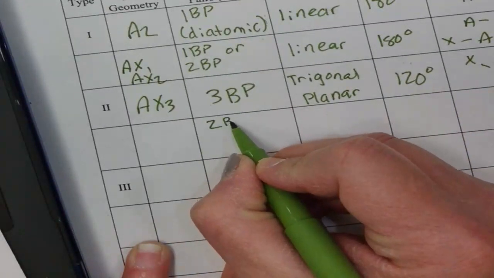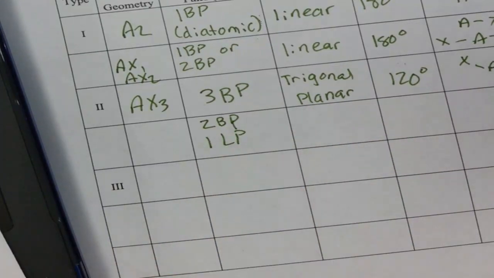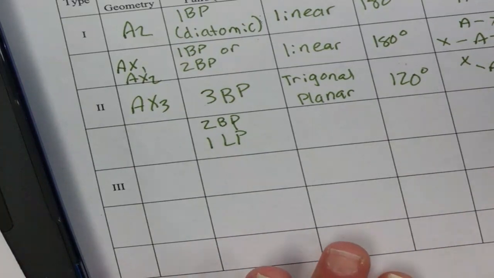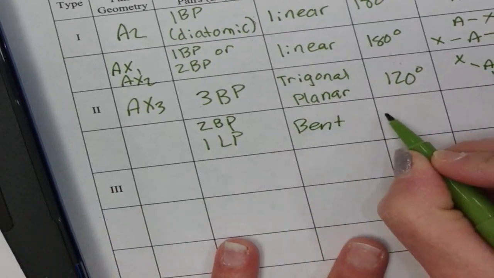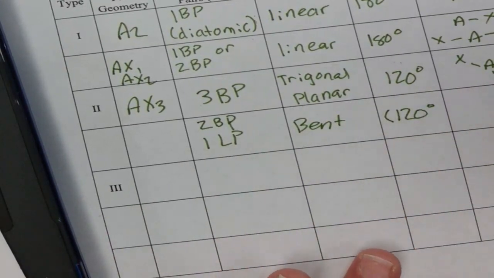So I have two bonding pairs and one lone pair, LP for lone pair. We would call this a bent structure, and its bond angle is going to be less than 120 degrees.